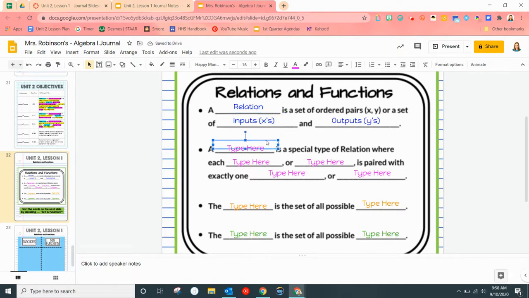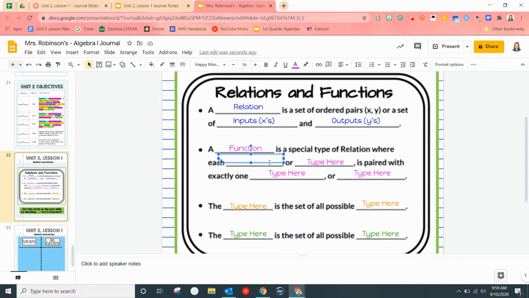Now, a function, and this should be reviewed because y'all have talked about functions, is just a special type of relation. It still has inputs and outputs. If the relation is a function, remember it's just sets of ordered pairs. There are lots of ways to see sets of ordered pairs. We're going to see some in a minute.